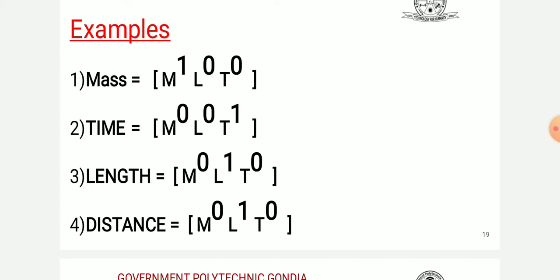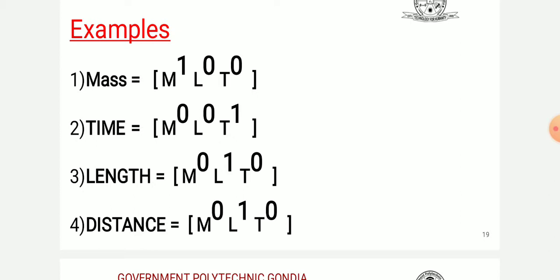Similarly, we can see the second example, that is time. In time, there is only time, so there is no mass and no length, therefore M raised to power 0, L raised to power 0 and T raised to power 1. This is about the second example, time.